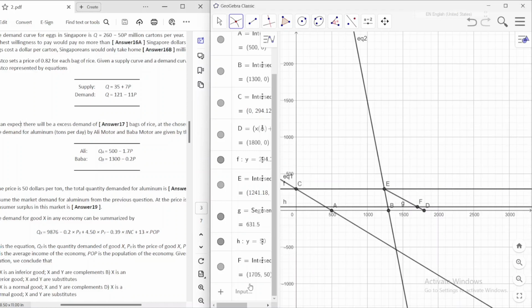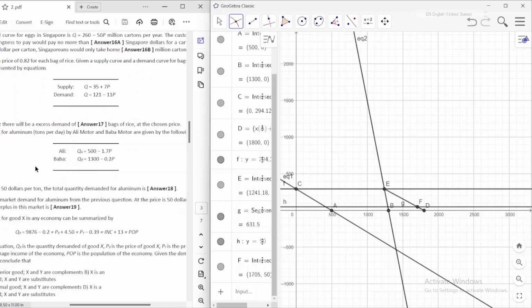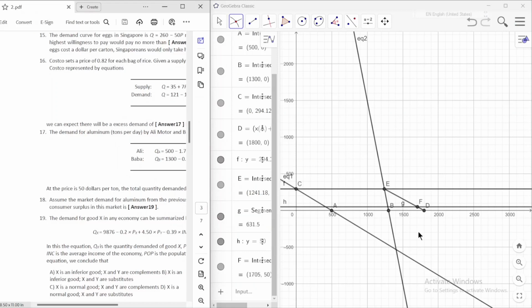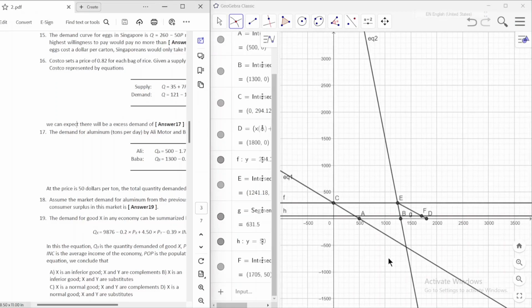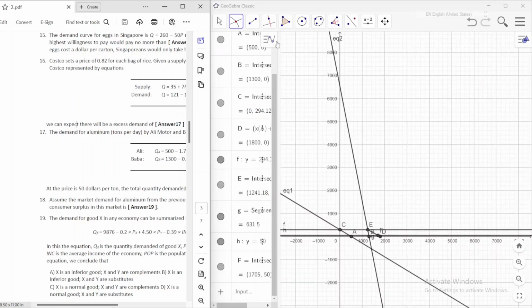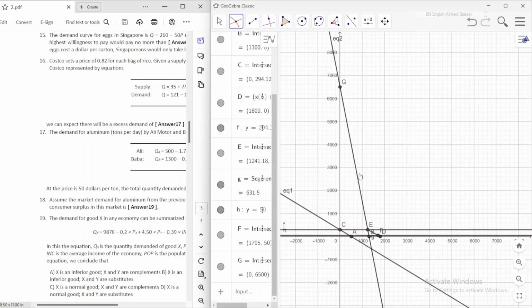In the next question, you are asked to calculate the consumer surplus, right? Okay, so you can see at the price $50, what is the consumer surplus in this market? So here the consumer surplus is basically the area under the market demand curve and the price. Okay, so we need to know this point as well, this point. So this is G and this point.